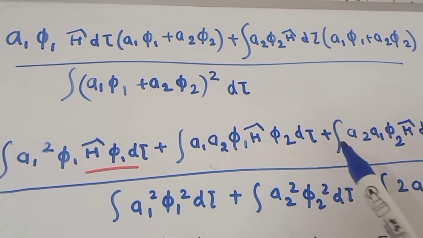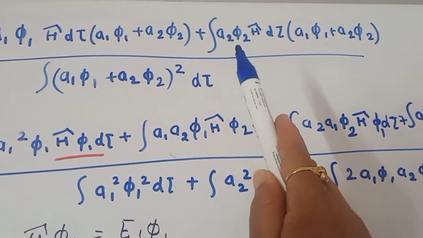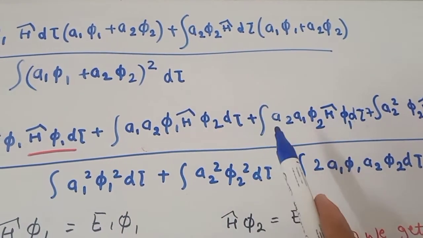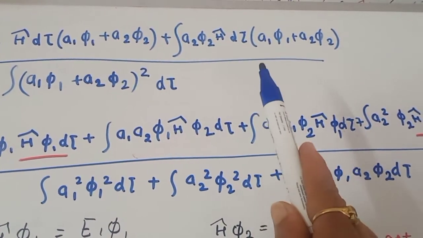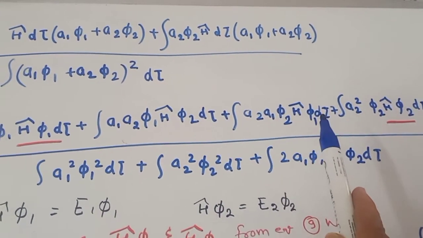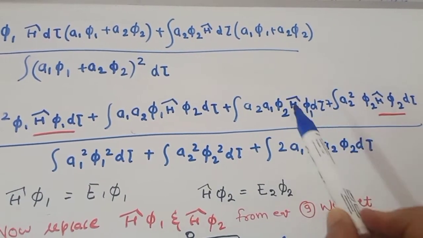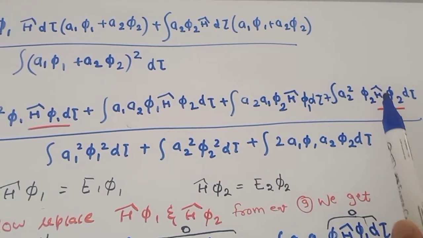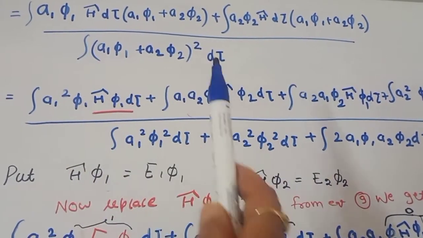We have to write in this order. Then the second part, a2 phi 2 multiplied with a1 phi 1: a2 a1 phi 2 h caps phi 1 d tau. Then a2 square, phi 2 h caps phi 2 d tau.